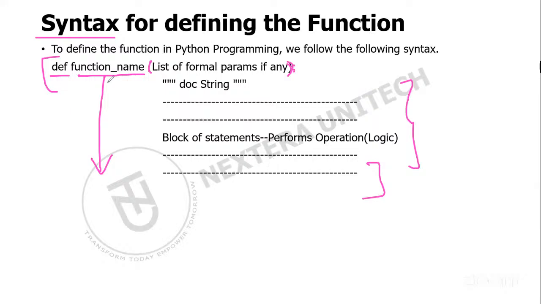Def keyword followed by function name, then the list of formal parameters, any parameters if you have will be specified inside the parenthesis. Then next to it we'll have a colon, the indentation symbol, and the logic.